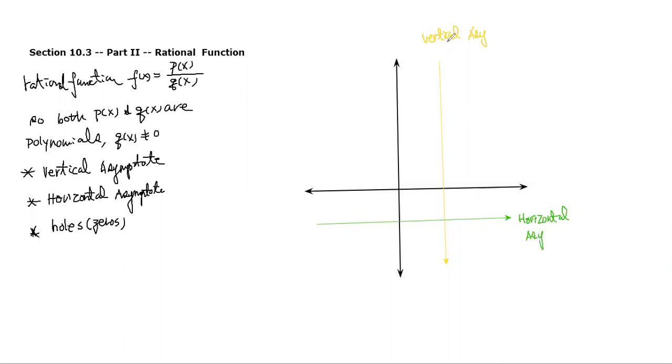First we understand what vertical means. The line is standing up. Horizontal means the line is going flat, right? So what is the vertical asymptote?